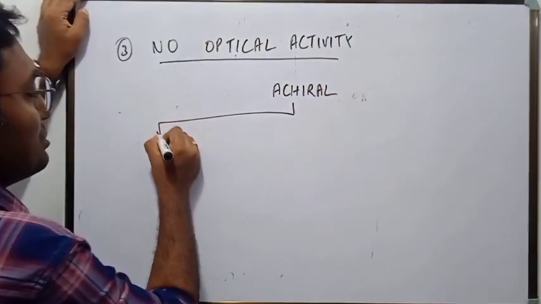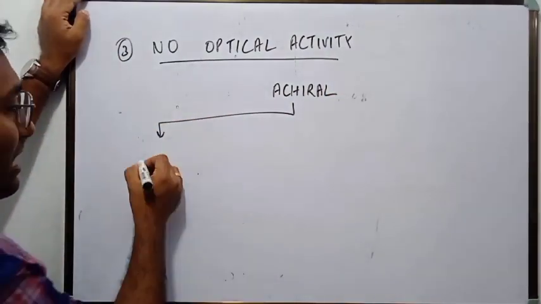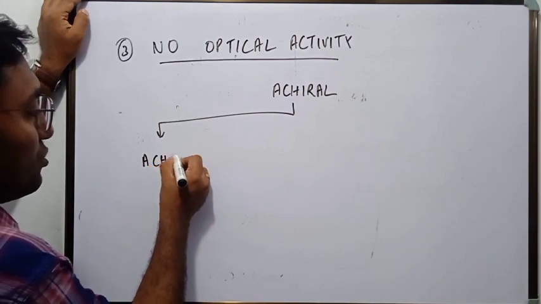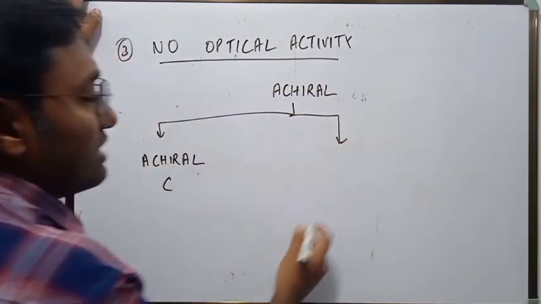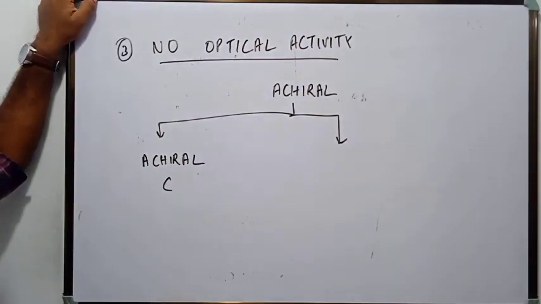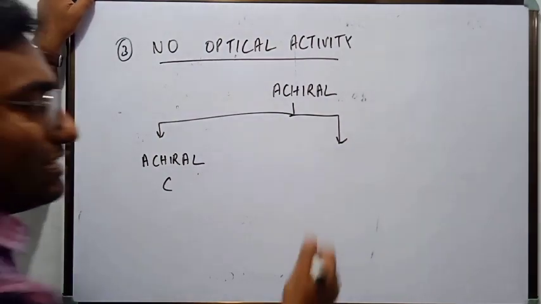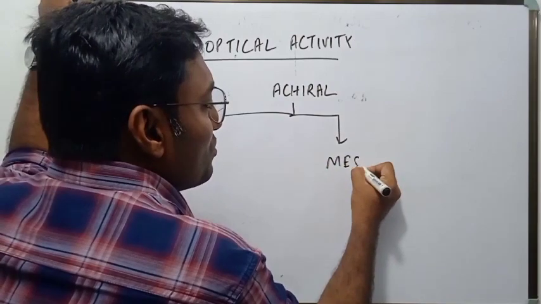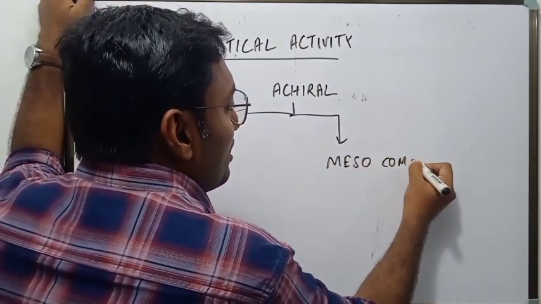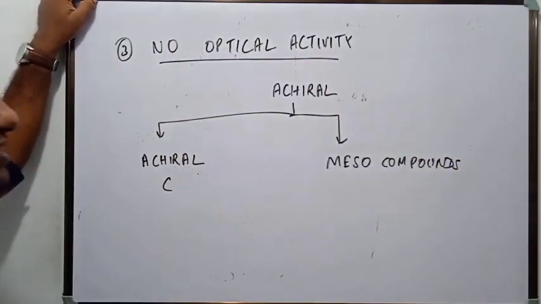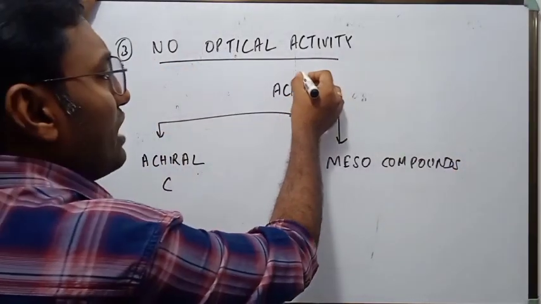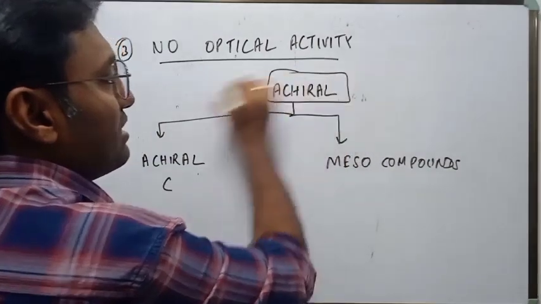That includes compounds that have achiral carbon atoms, and also compounds that have chiral carbon atoms but are overall achiral, that is, meso compounds. Overall they don't show any optical isomerism. One reason is that an achiral molecule is symmetric.